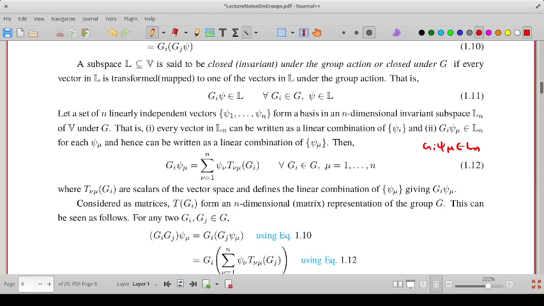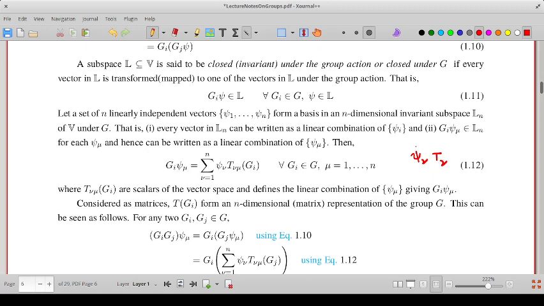Since it is a vector in Ln, it can be represented as a linear combination of psi mu's themselves. So that linear combination can be represented as psi nu multiplied by the corresponding coefficients and then summed over nu. So the coefficient corresponding to psi nu can be written as T nu.